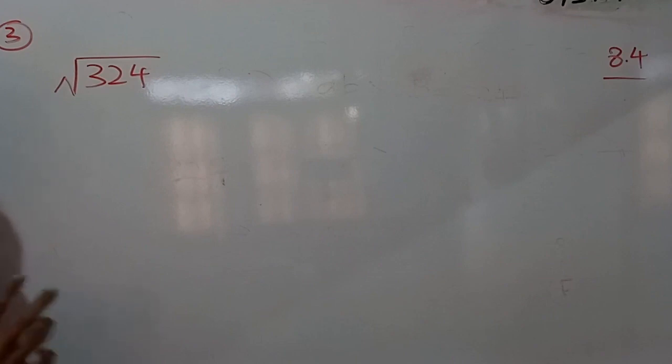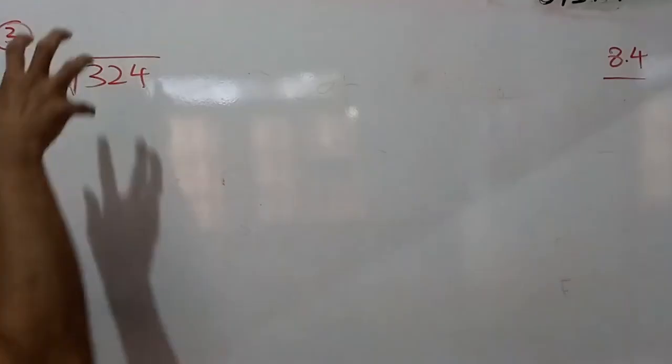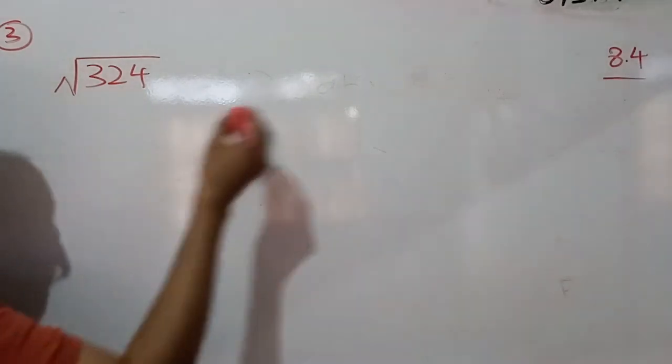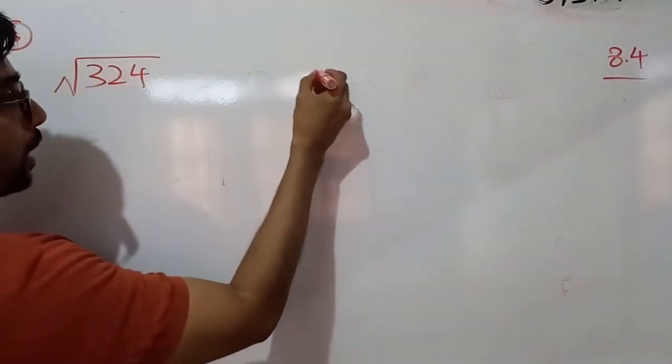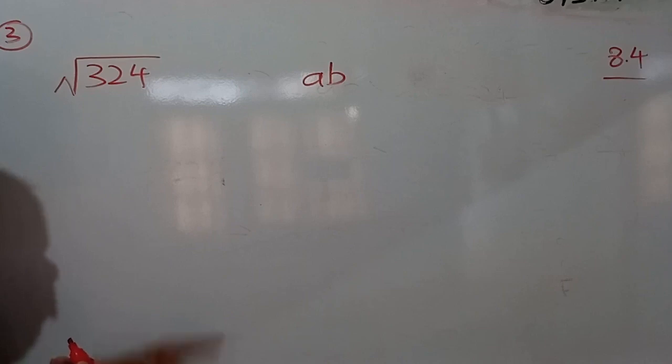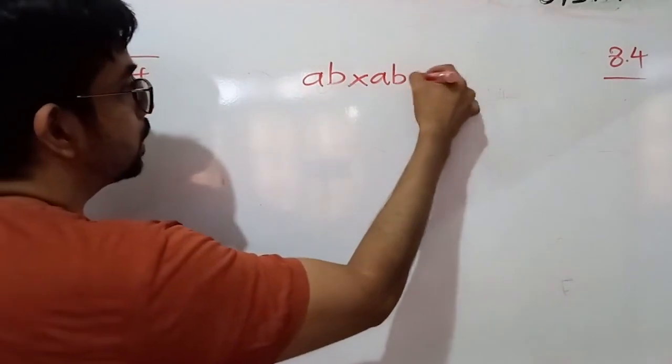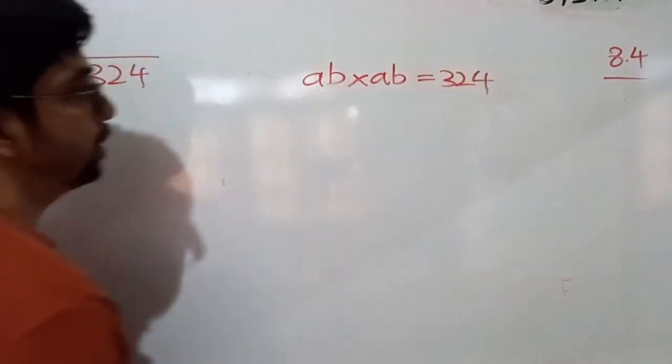At the moment we don't know, we have to find it. But we can take the square root of 324 as AB, right? So AB into AB is equal to 324 in this case.